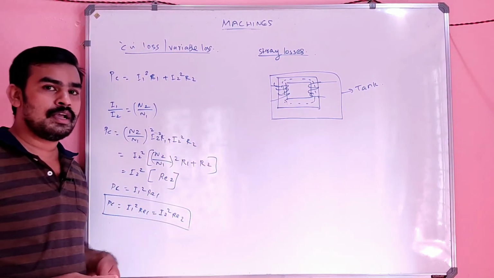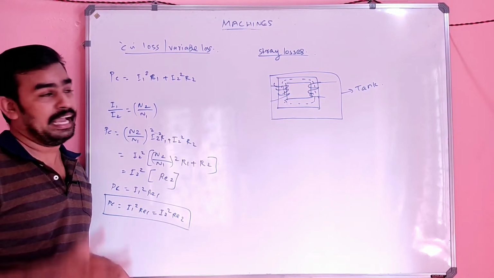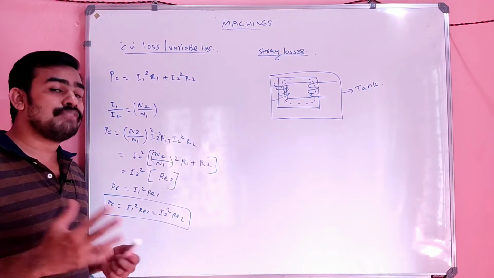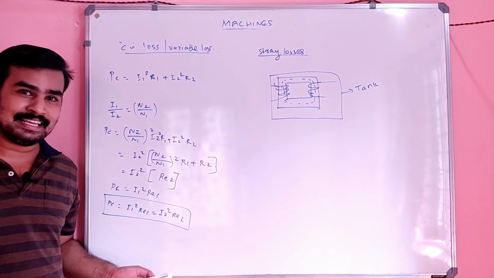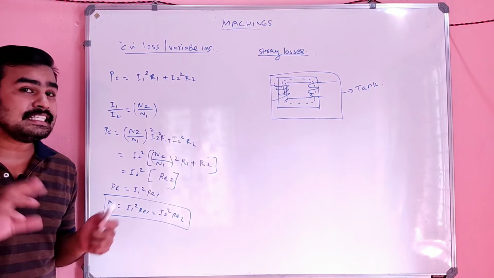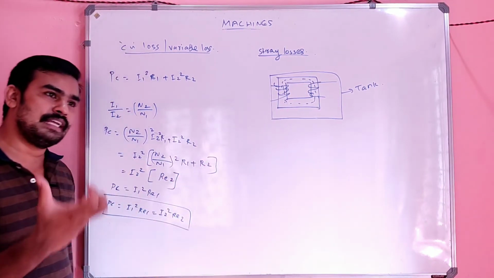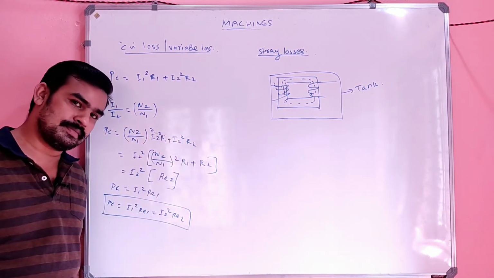So at that time, there is a chance of producing eddy currents in the tank. And finally, that will lead to a small amount of heat in the tank. So if you touch the tank of a transformer, you will always feel some heat. A part of the heat is due to the stray losses.